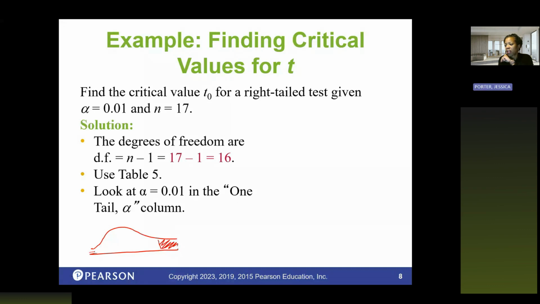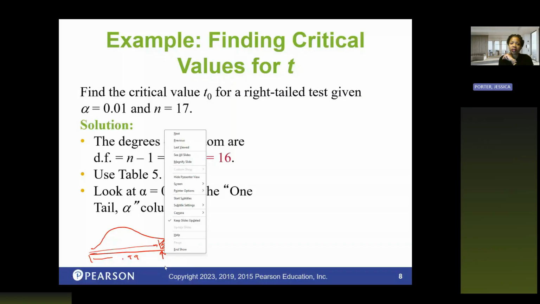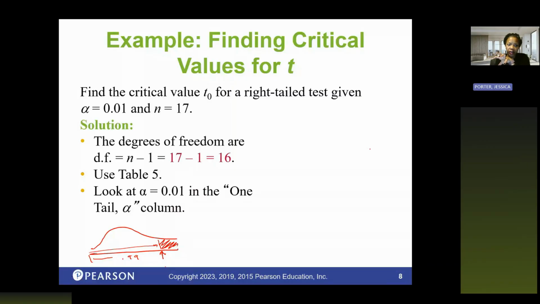So all of this is 0.99, so it's actually going out to this edge right here. That's what you're telling the calculator, hey, I'm on the right side now. Okay. So basically because the calculator doesn't do right tail specifically is what you're saying? Right. Okay. Yeah.